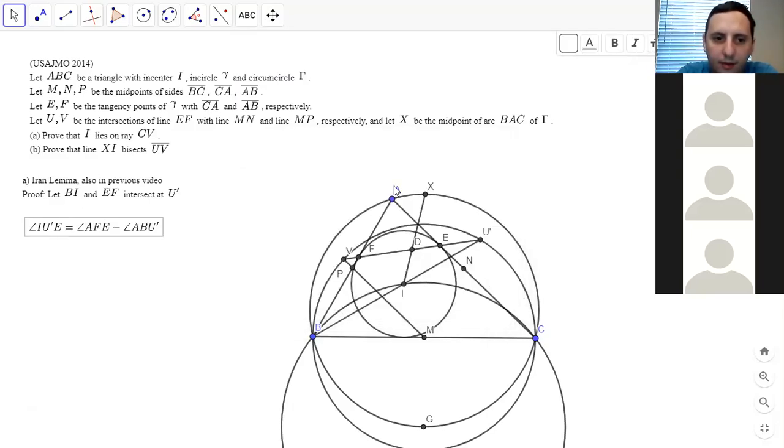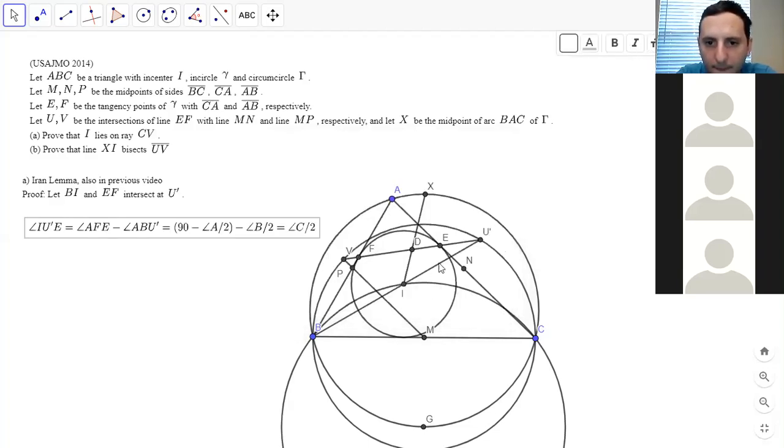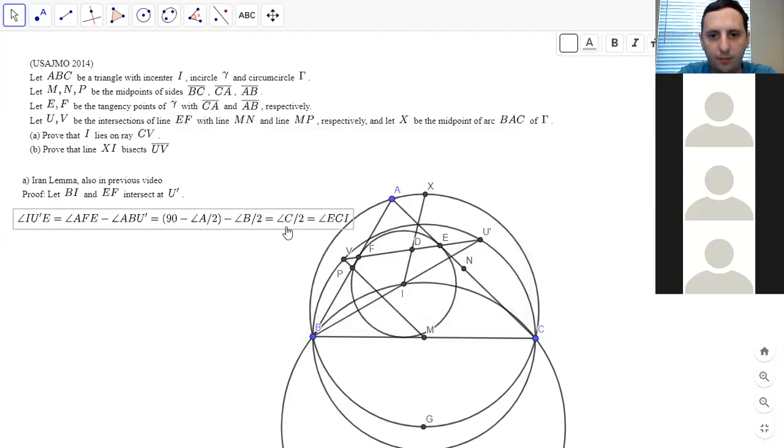AFE is 90 minus A over 2, and ABU prime is B over 2. So that's equal to angle C over 2, which is equal to angle ECI. So IEU prime C is cyclic.